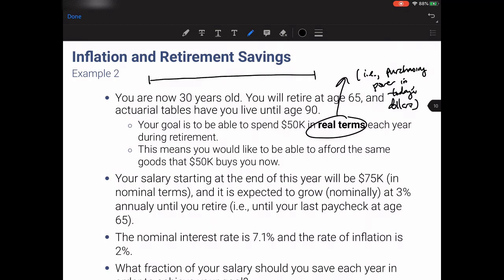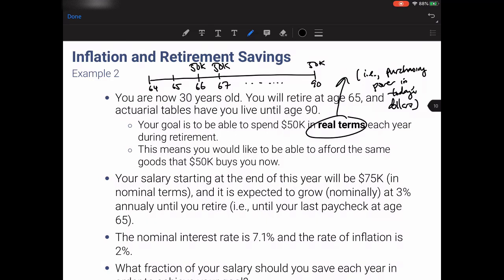So I'm going to start at age 64, and then at age 65 I will retire, and then at age 66 I will receive 50K, but in real terms, as of age 30. And when I'm 67, I will receive 50K as well, and until my death at 90, I will also receive 50K, and then before I'm 91, I'm dead. So that's the goal.